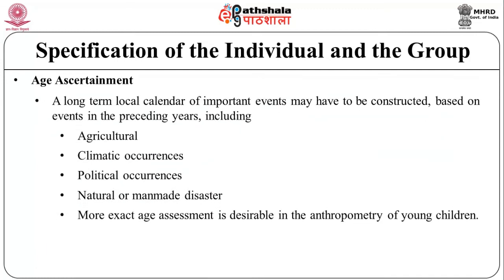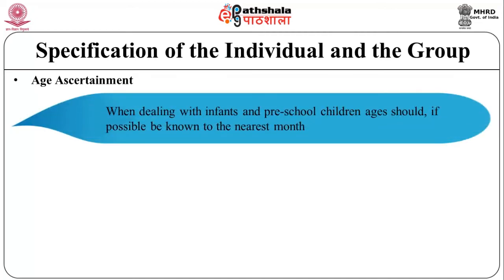A long-term local calendar of important events may have to be constructed based on events in the preceding years, including agriculture, climatic, and political occurrences, as well as natural or man-made disasters. More exact age assessment is desirable in the anthropometry of young children. When dealing with infants and preschool children, ages should, if possible, be known to the nearest month.